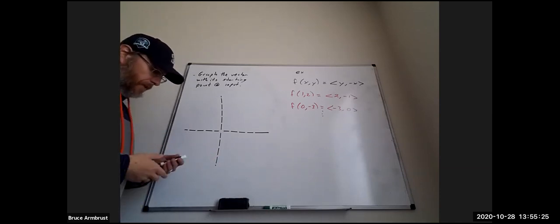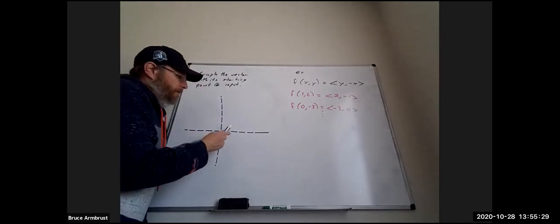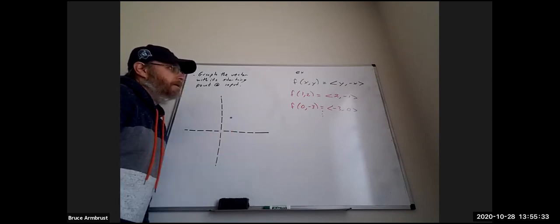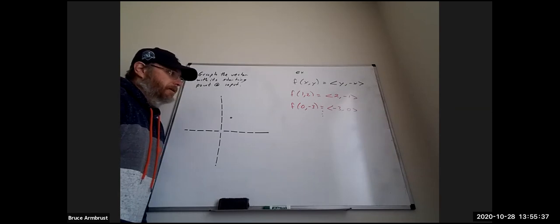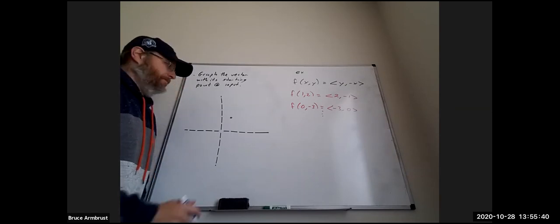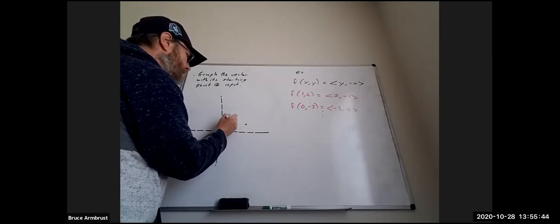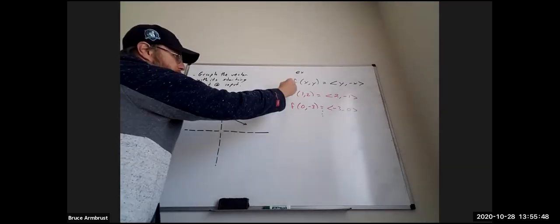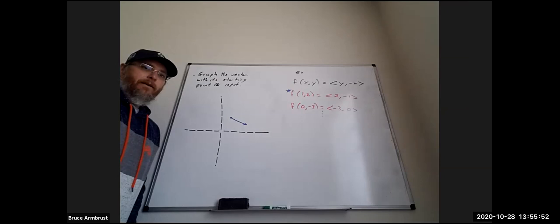But let's think about this. So when we plug in 1, 2, so 1, 2, of course, is this point right here. What we need from that is a vector 2, negative 1. So that's going to go right 2 and down 1. So there is the vector that corresponded with that first point, f of 1, 2.